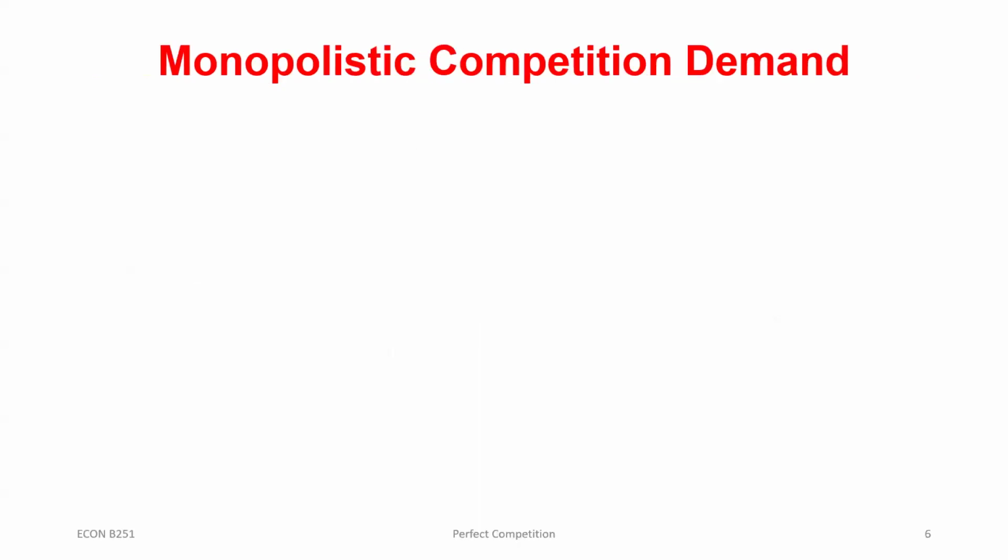So what are the differences in the demand for a monopolistically competitive firm going to look like relative to the other two markets, perfectly competitive and monopolist? We'll make these comparisons. The first is, if I had a perfectly competitive market, what's that demand curve going to look like?